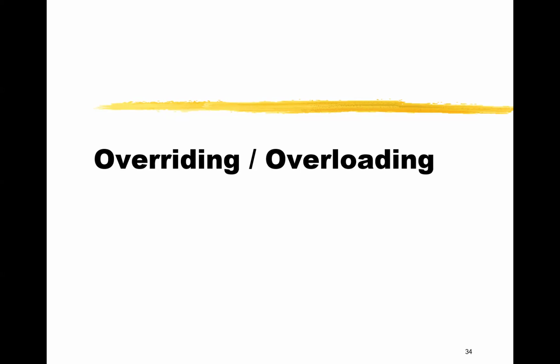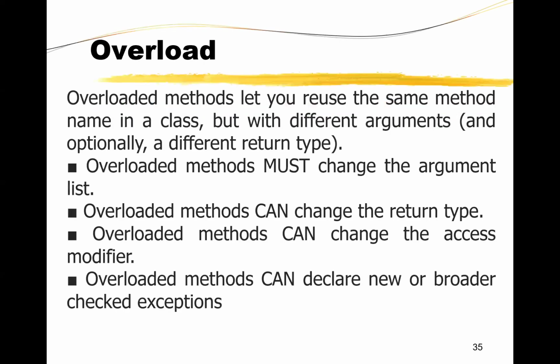Or else overloading means using the same method name with, remember, important, different arguments. By changing the parameters, you can define methods with the same name but with a different number of arguments or type of arguments, but different arguments.